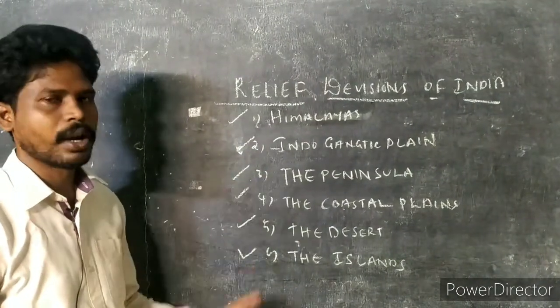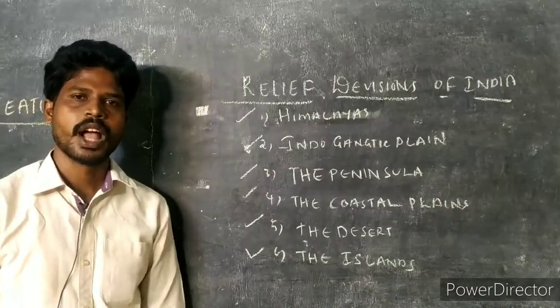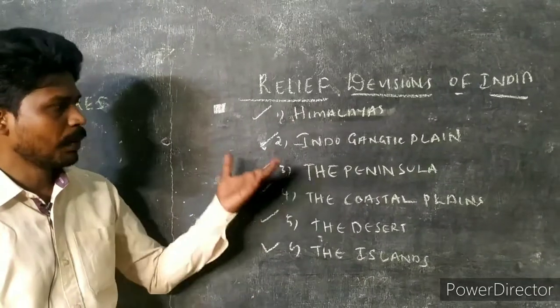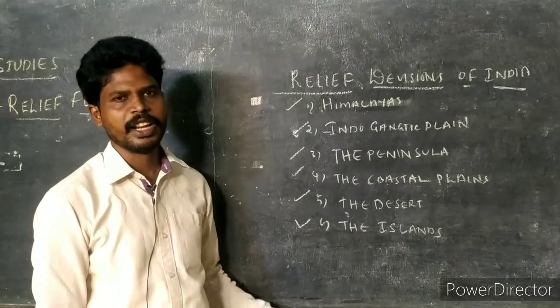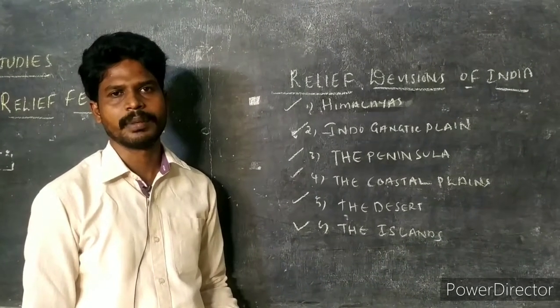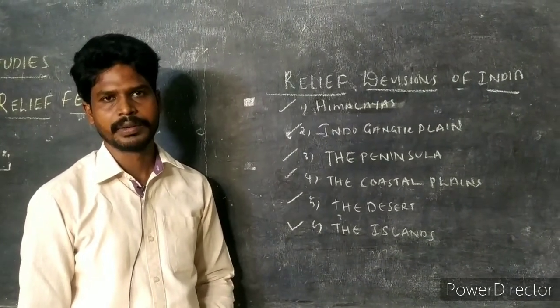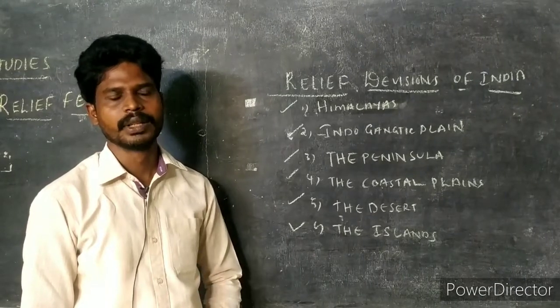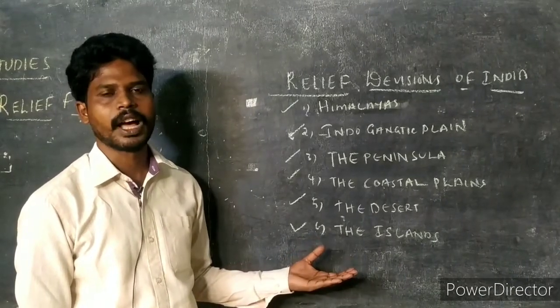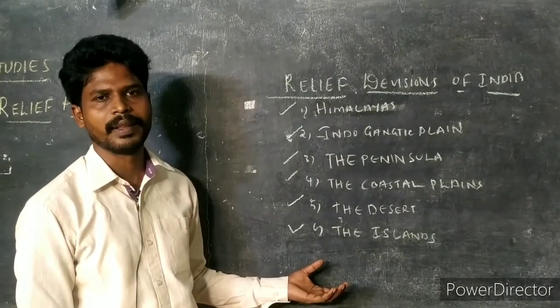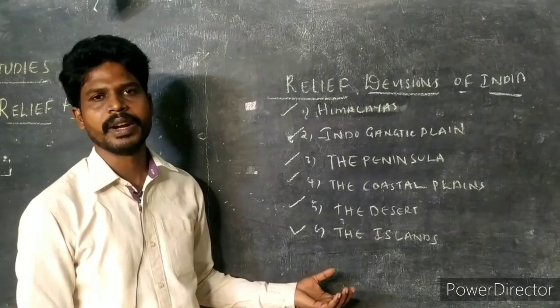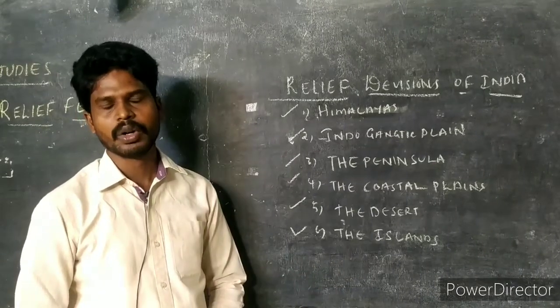I would like to ask all of you to go through the complete explanation once again and try to understand, and for any more doubts please contact me through WhatsApp and I can clarify your doubts. As homework, please try to identify in the outline map of India the major places of the relief divisions mentioned here, like the important mountains and valleys.